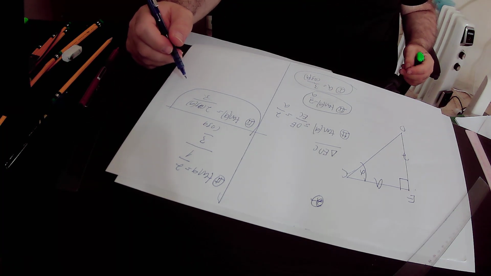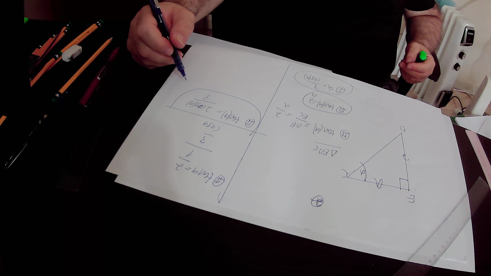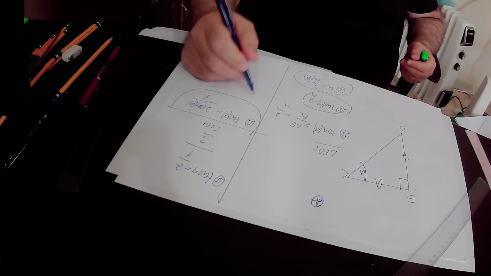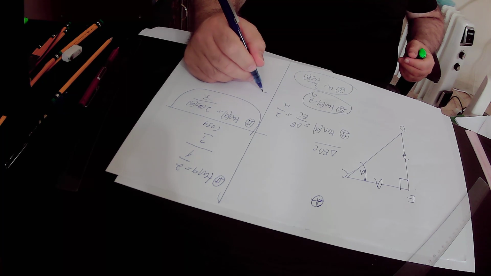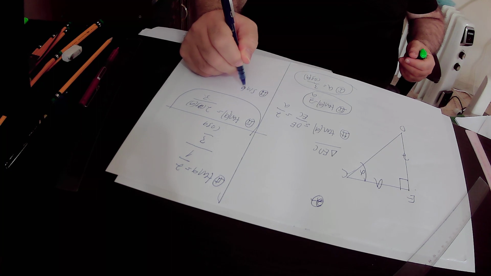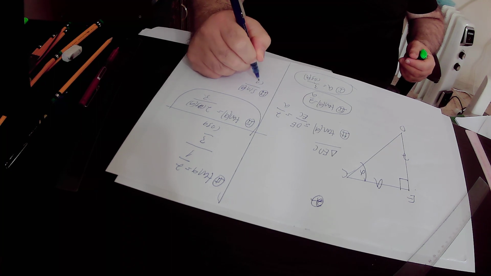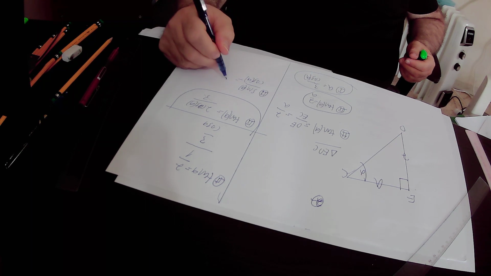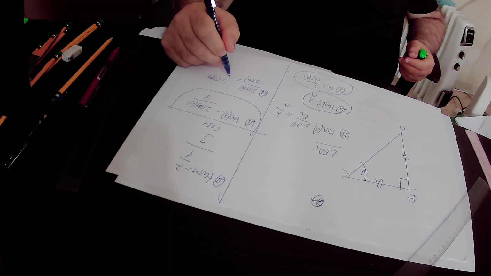Tangent alpha is equal to sinus alpha over cosine alpha, so we'll substitute tangent alpha by sinus alpha over cosine alpha, and we get that sinus alpha over cosine alpha is equal to 2 times cosine alpha over 3.